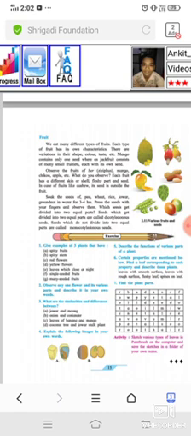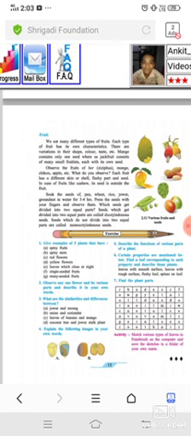Jackfruit consists of many small fruitlets, each with its own seed. Observe the fruits of ber, jujube, mango, chiku, apple. What do you observe? Each fruit has a different skin.